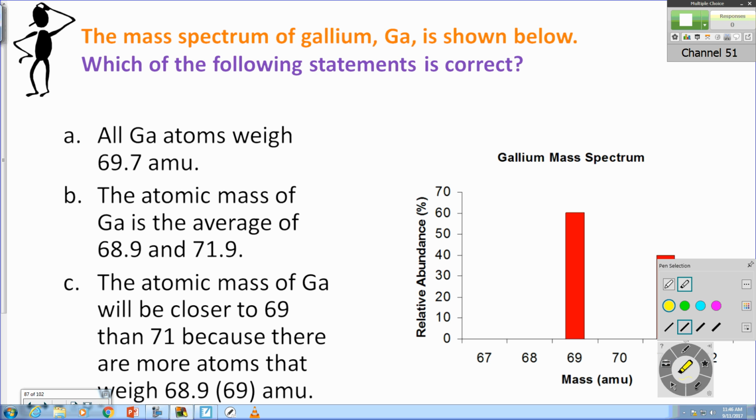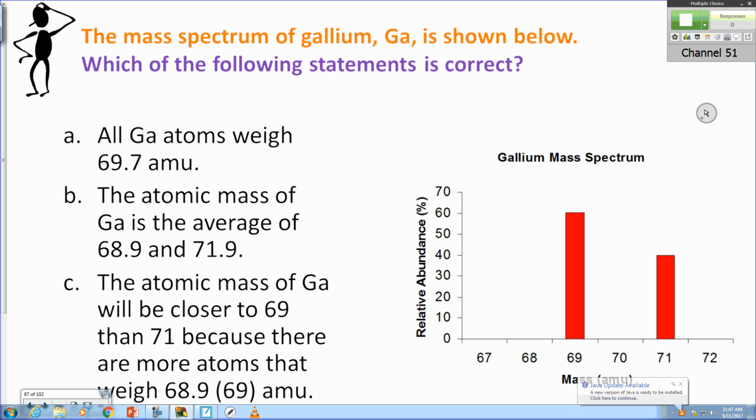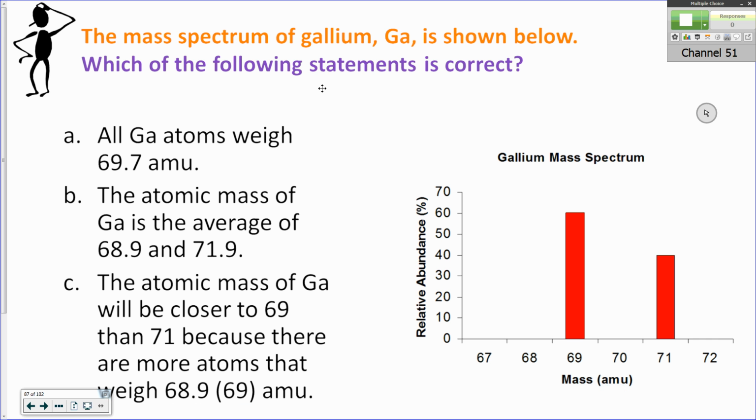A hint I can tell you is to look at the ratios between the two different isotopes that exist of gallium. You'll see the 69 is a little bit higher than the 71. Based on that, what does that tell you about those isotopes? You can figure that out.